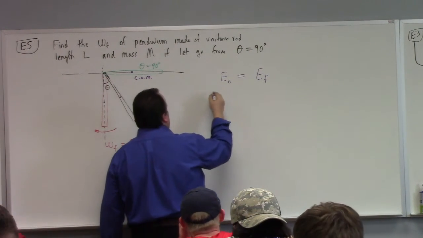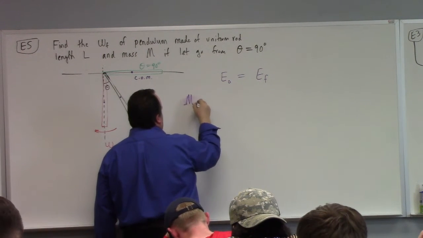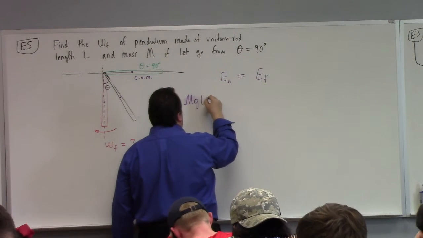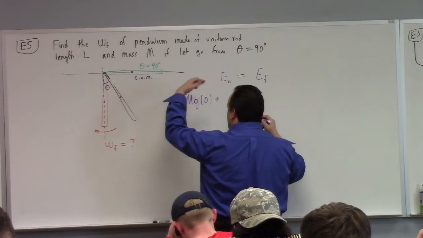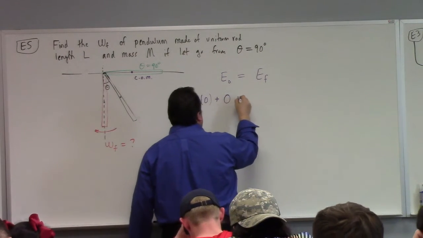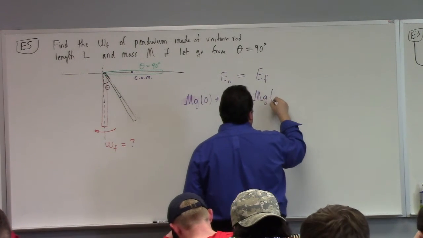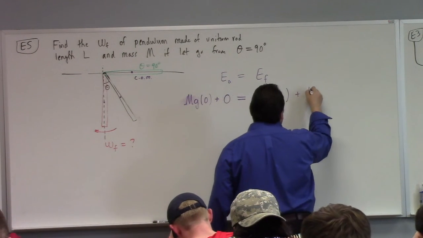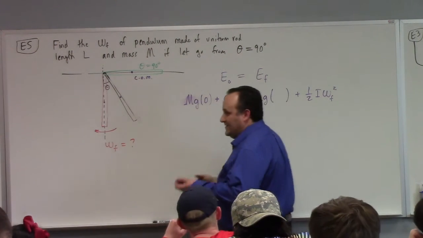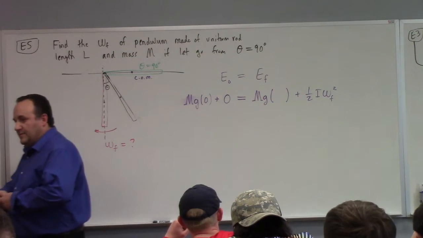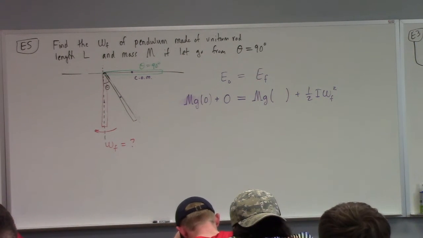Initially I have big M G times y equals 0, and then plus, I'm assuming it's starting from rest, I'm just dropping it, so 0 kinetic energy. At the end, I have mg times the final y plus 1/2 I omega f squared, right? There's no translational kinetic energy here because it's stuck on the pivot point. The kinetic energy is purely rotational in this scenario, right?